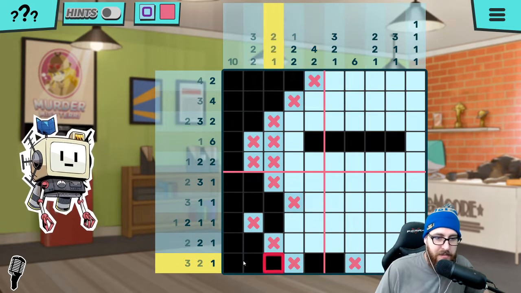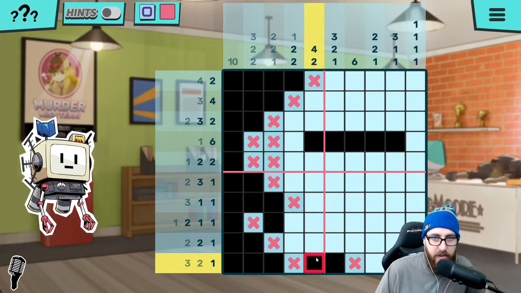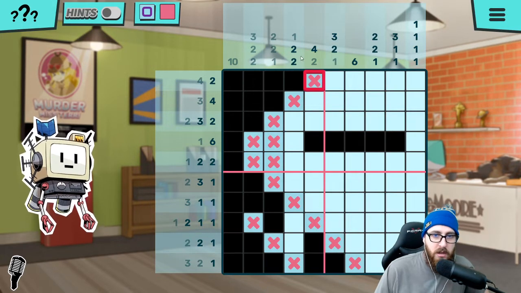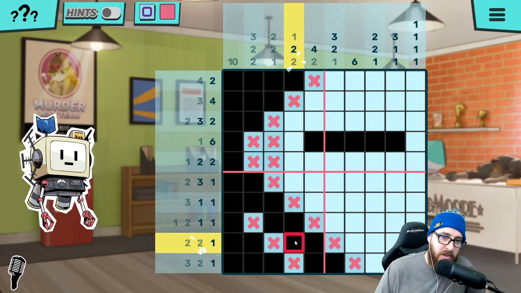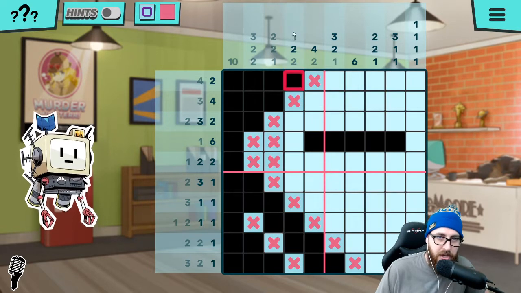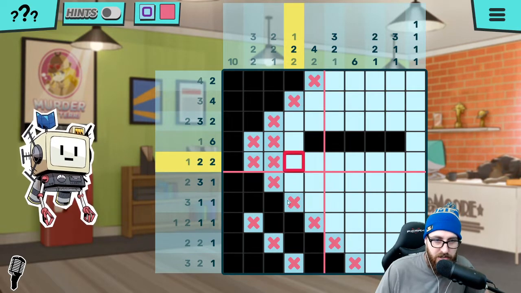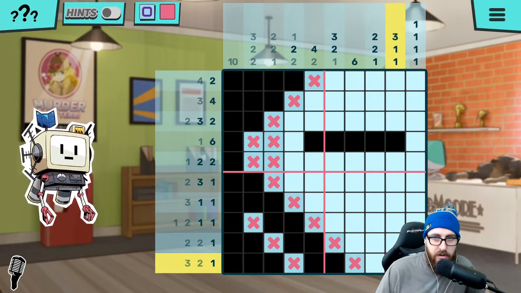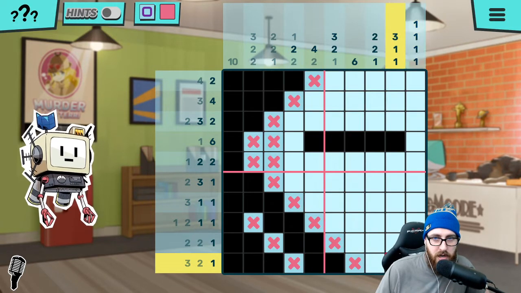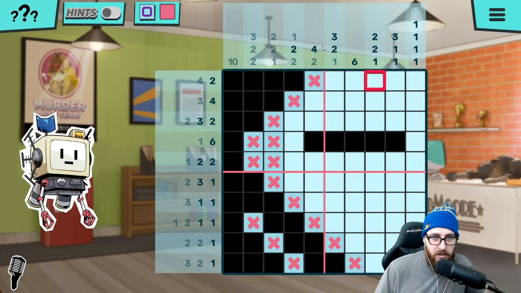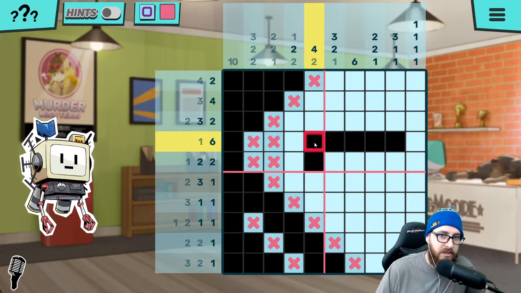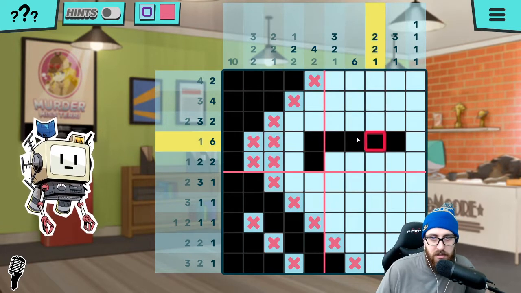So we know that has to be the 2 here because the 2 and the 1 can't fit over there. So that gives us our 2 here, a 1 there. 1, 2, and 2, so this has to be a 2 because we couldn't get a 1, 2, 2 here. So this 2 will have to go somewhere in there. Going over and across, this will be a 1 somewhere. 3, 1, 2, 2, 1, 4. 4 into 6 gives us middle 2.